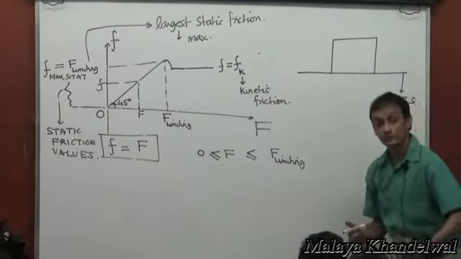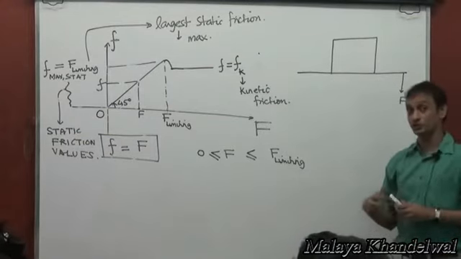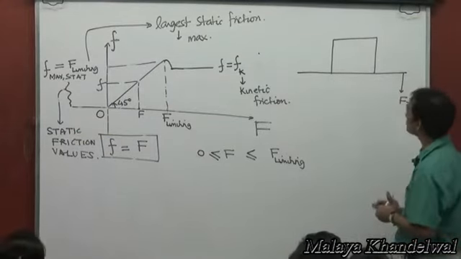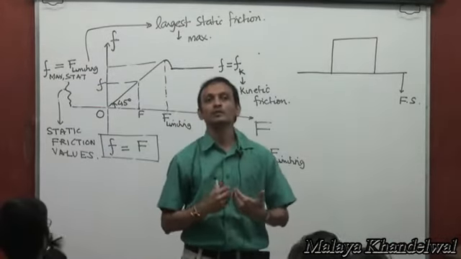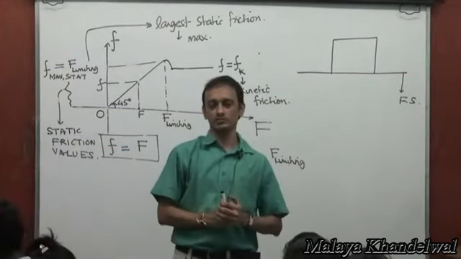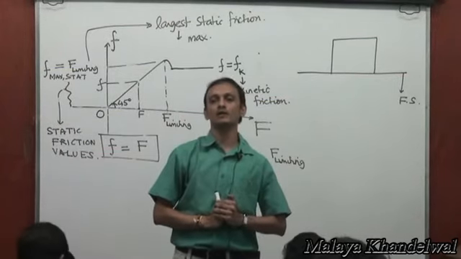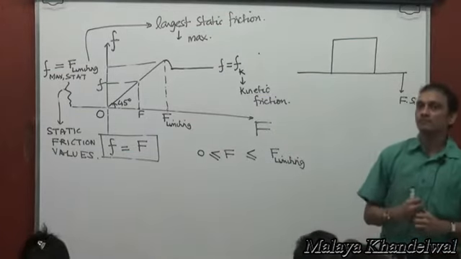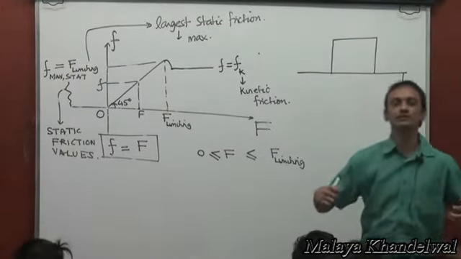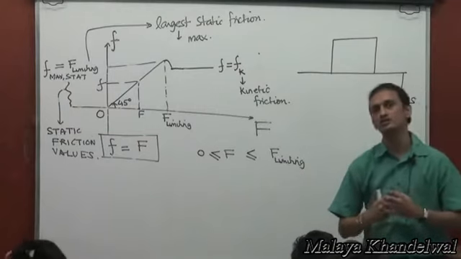Now, to be able to compute the maximum static friction between a body and a surface, there are empirical models available. These models are obtained out of experiment. They're not obtained theoretically, it's done mostly experimentally.